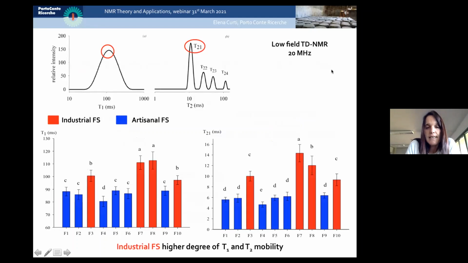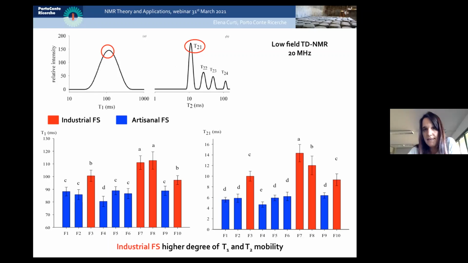If we look at the TD-NMR results, again, we can see a mono-exponential behavior for milk as regards T1. But in cheese, as Roberto was saying before, we observed a multi-exponential behavior. So here we see 4 peaks. For this study, we considered only the first one, because it was the most consistent in all the data we collected, to compare the samples.